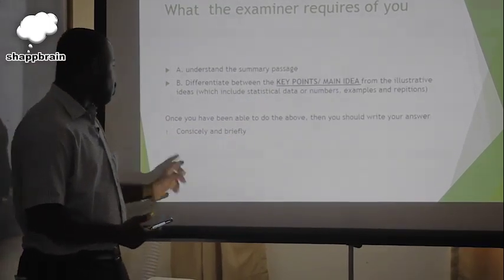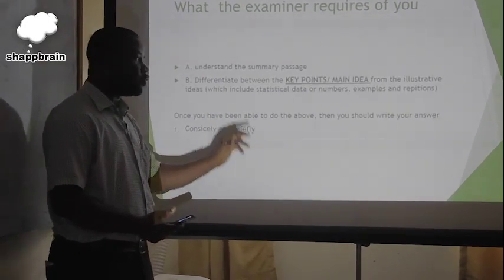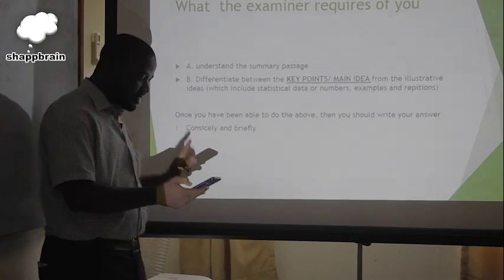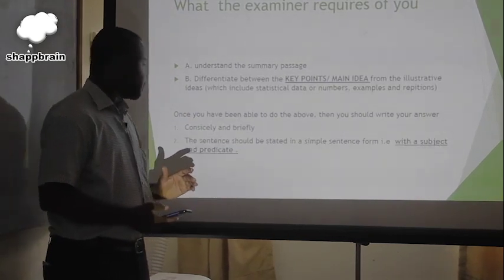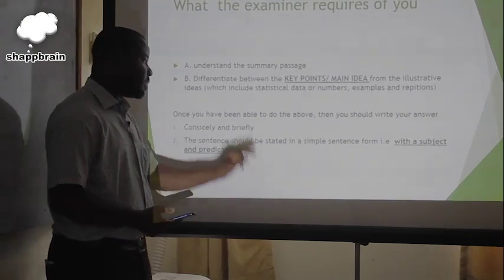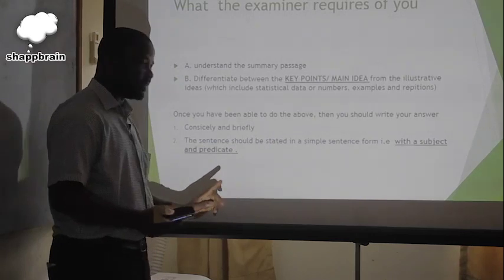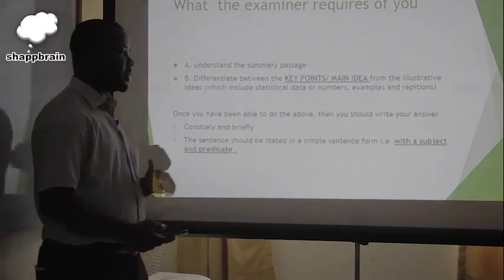Number three, once you have been able to do the above, then you should be able to write your answer concisely and briefly. Now, the sentence should be written in a simple sentence form. That is, a sentence with only a subject and a predicate.